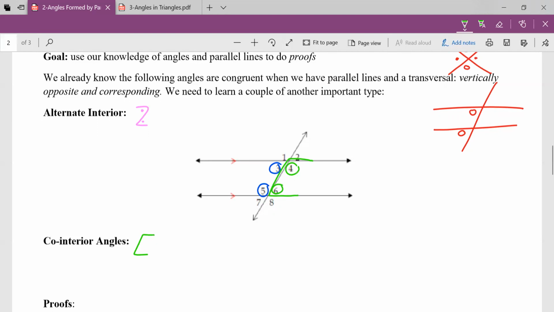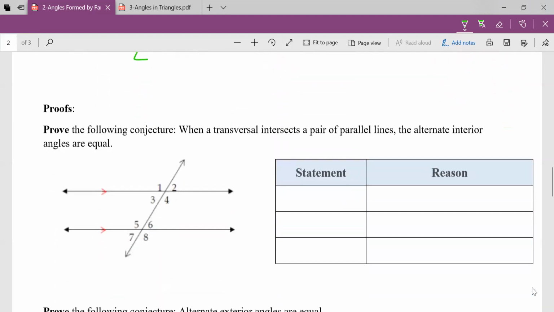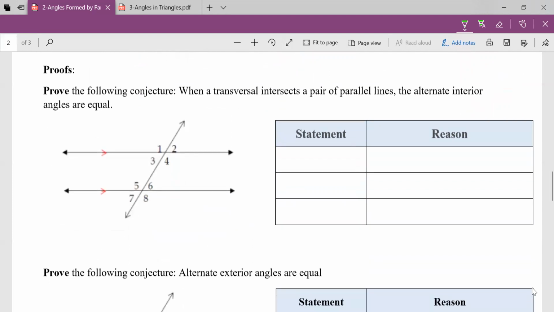That's where the unit starts to get tricky. Remember, proofs mean we're showing that something is universally true. So it's always true, no matter what, in the universe, wherever I draw this, it will be true. Let's try one of these.